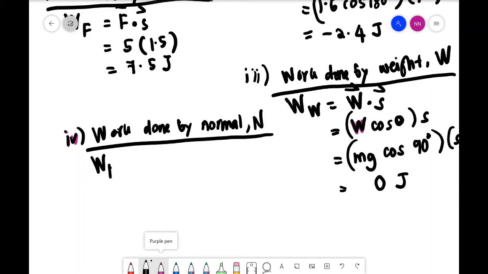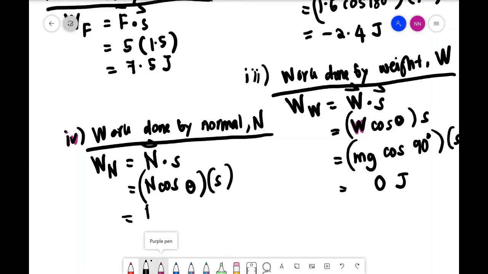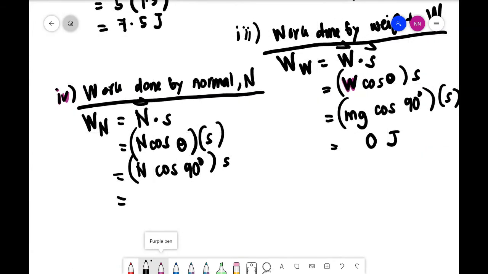Work done by normal equals normal dot S, so normal cos theta times S, where the angle between normal and displacement is 90 degrees. Cos 90 degrees equals 0. So the work done by normal is 0 joule.